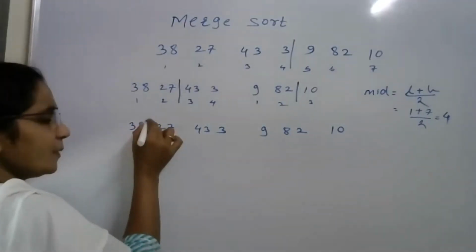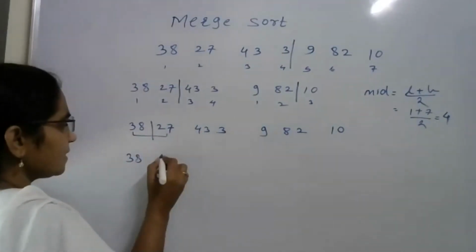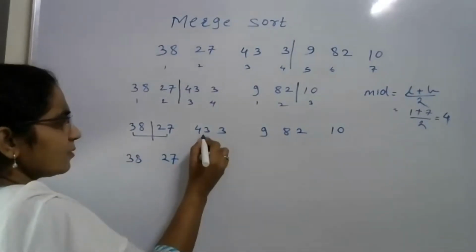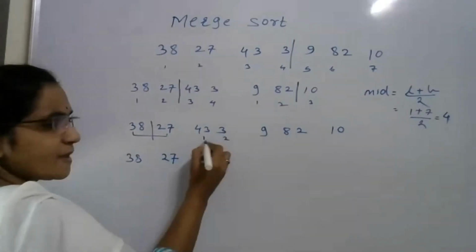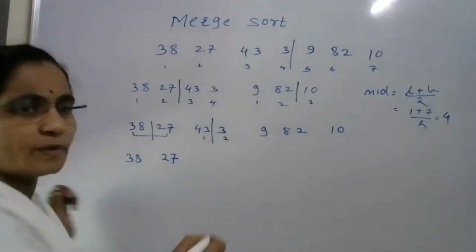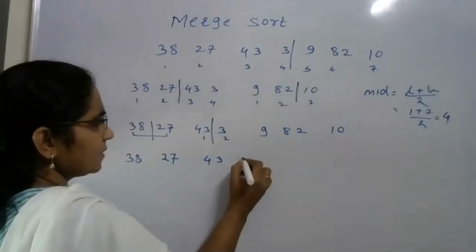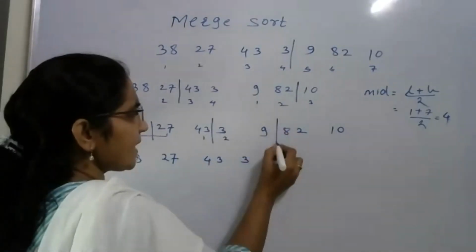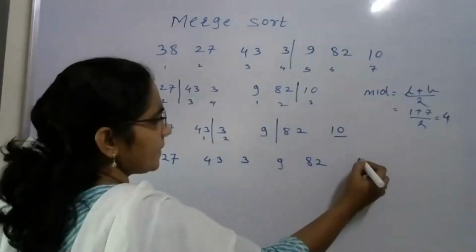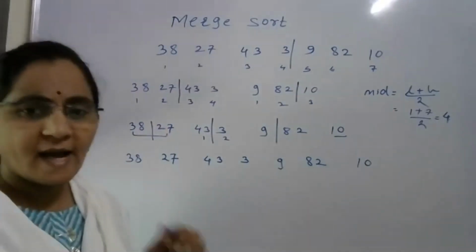So the first part is 38, the second part is 27. Then once again, 1 plus 2 is 3, 3 by 2 is 1.5. So again it is divided after the first element: 43, then 3. Again it is divided into two: 9, 82, and this is a single element. So you keep it as it is.